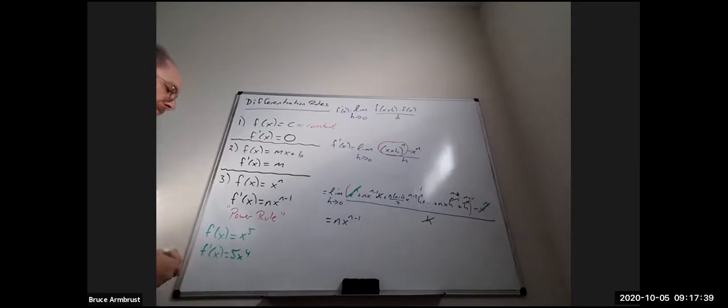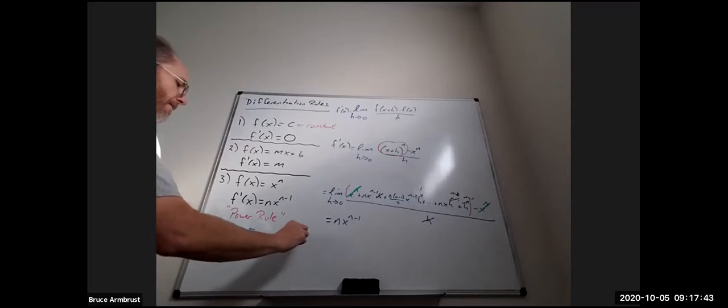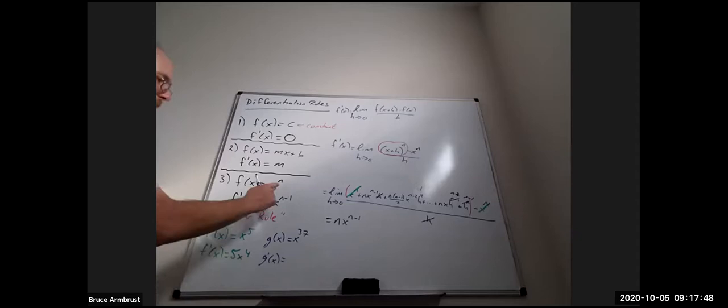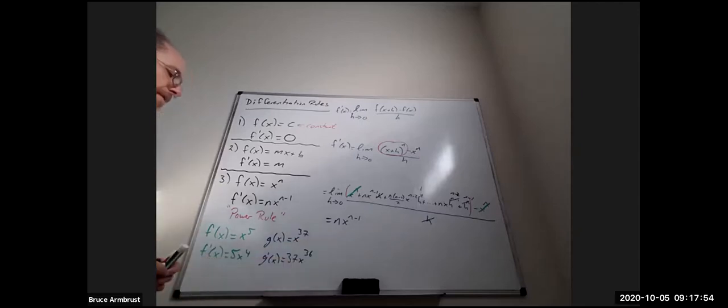All right, well, let's go bigger. Let's say we've got g of x equals x to the 37. Well, the rule says bring that power out front, decrease that power by 1. So the derivative of x to the 37 is 37x to the 36. Fast.